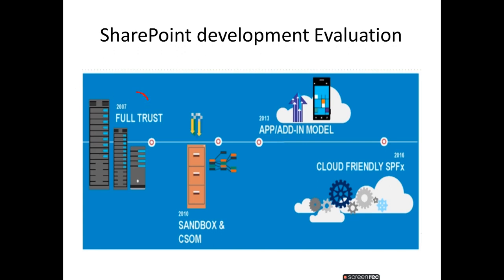Here you can see the MOSS 2007 environment. We covered this in the first session of SharePoint, where we learned the different versions of SharePoint and how it developed from MOSS 2007 to SharePoint Online. MOSS 2007 is also called SharePoint 2007.